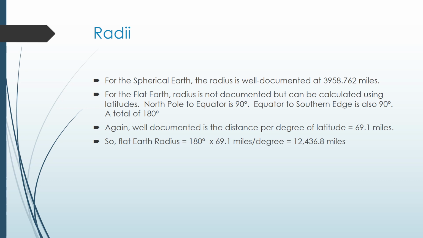So we can calculate the flat Earth radius to be 180 degrees times 69.1 miles per degree, which gives us 12,436.8 miles.